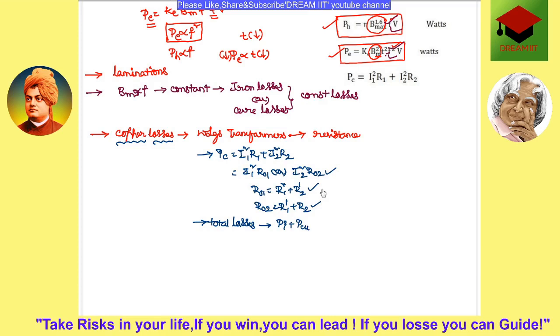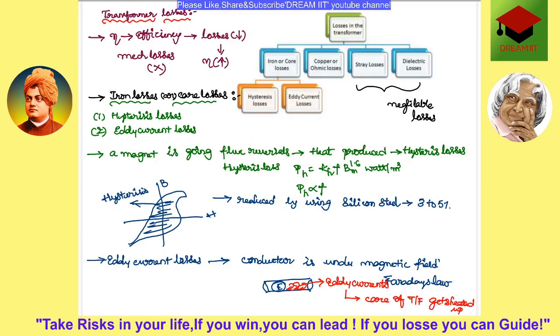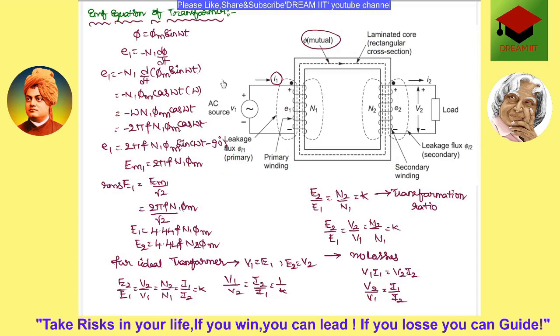When you come to the other losses, as I mentioned, the stray losses, I will show where the stray losses are present. For this I have to go to the diagram. If you see this transformer diagram, the stray losses are appearing due to the leakage flux.